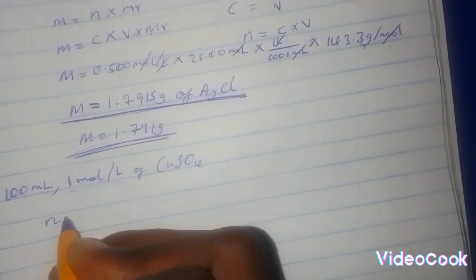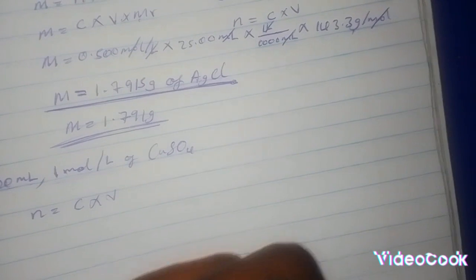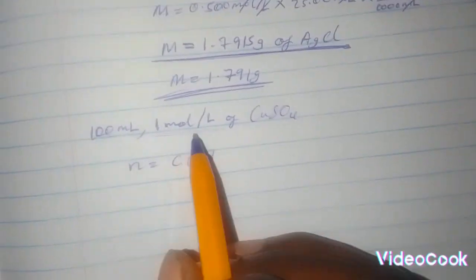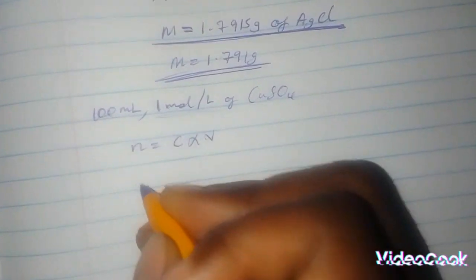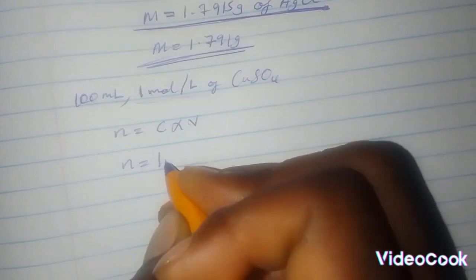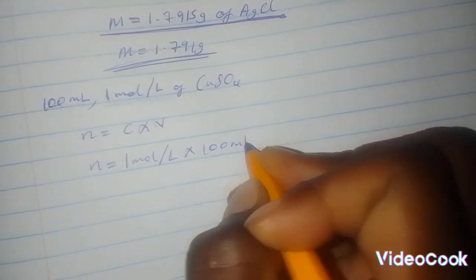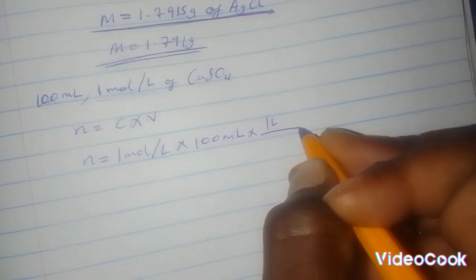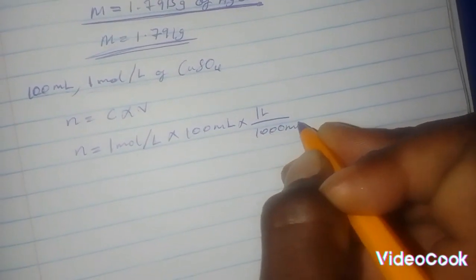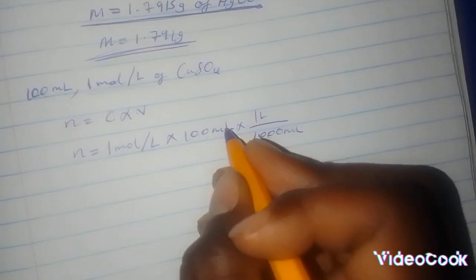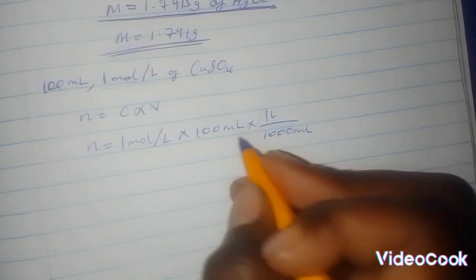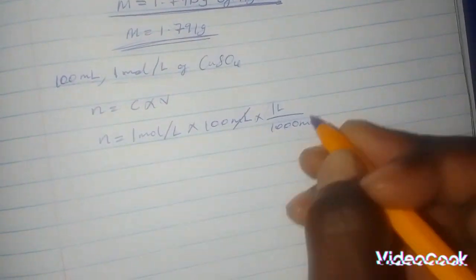So the number of moles is equal to concentration multiplied by volume. We have the volume here, we have the concentration here, so we'll not waste much time. N is equal to 1 mole per liter multiplied by 100 milliliters multiplied by 1 liter over 1000 milliliters. This is just a conversion factor because we are given the volume in mL, so we get rid of the mL.